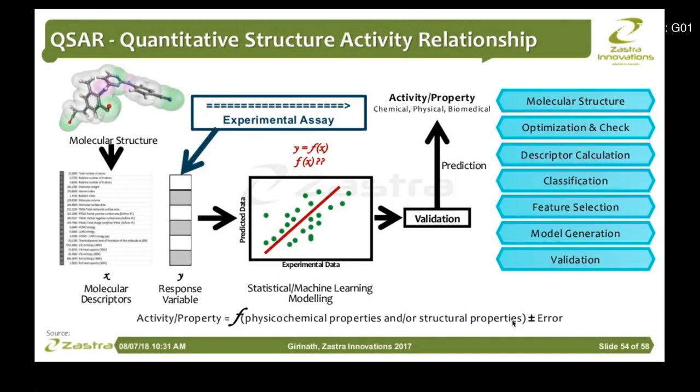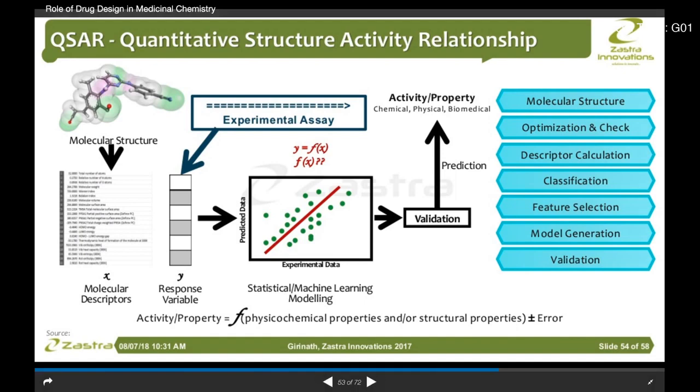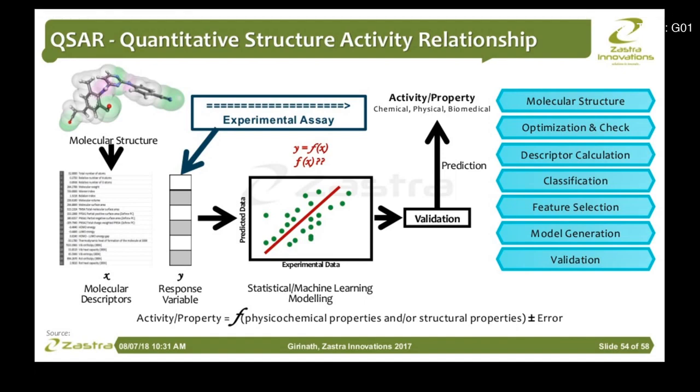So coming to QSAR, we are talking about quantitative structure-activity relationship. The purpose of QSAR is, let's say you have a diverse set or a homologous set of compounds available with biological data.